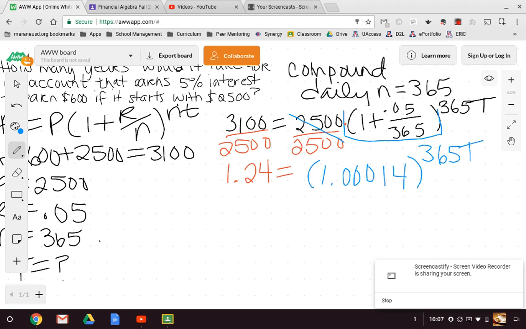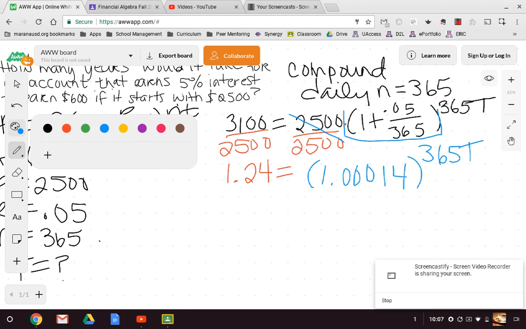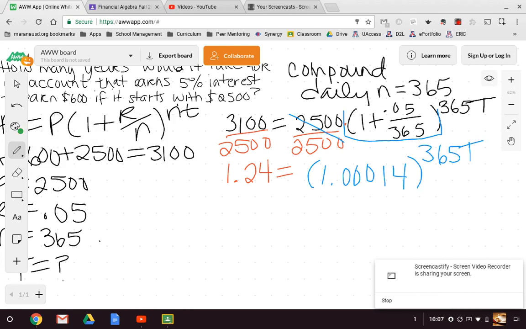So now here's where what we learned earlier in the week comes into play. We need to make sure that we can move that base over to the other side. And to do that, we have to use our logarithms. So if I want to move that base over to the other side, I need to move it over as a log. So the way I'm going to do that is write it on the other side, but I have to write it with this log attached to it.